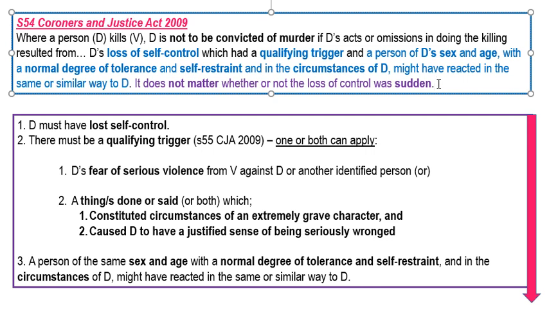Why? Well, because loss of control is trying to fix the issues with provocation. It's trying to provide a defence where there might have been a little bit of a cooling off period. It's not about that. It's not all about time.